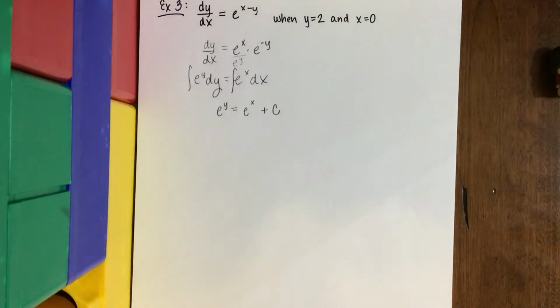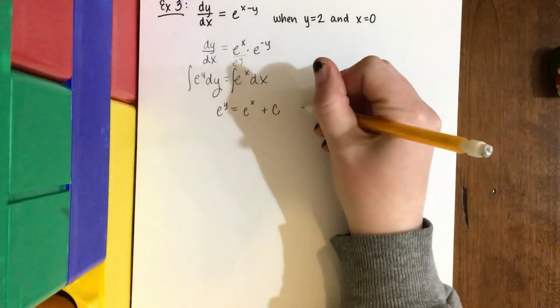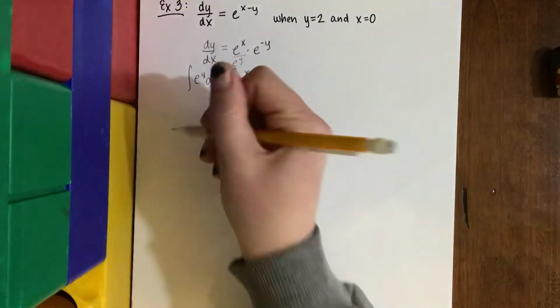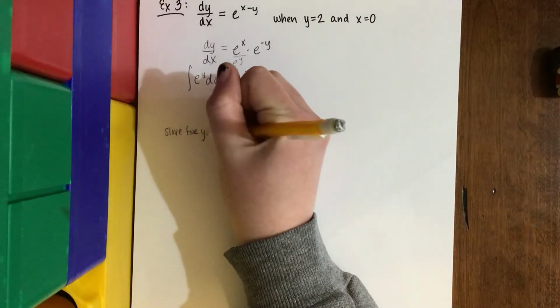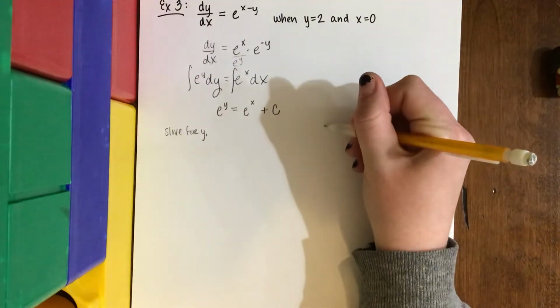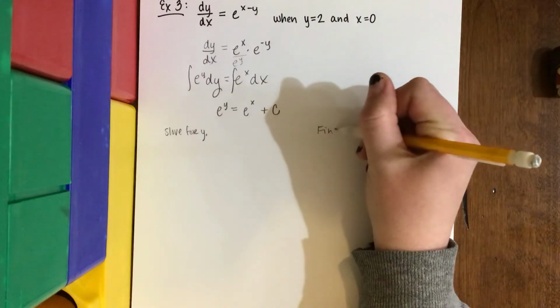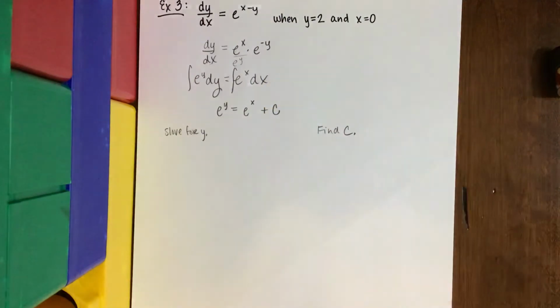So at this point there are two different things that we need to do. One is that we need to solve for y. The other is that we need to find c.